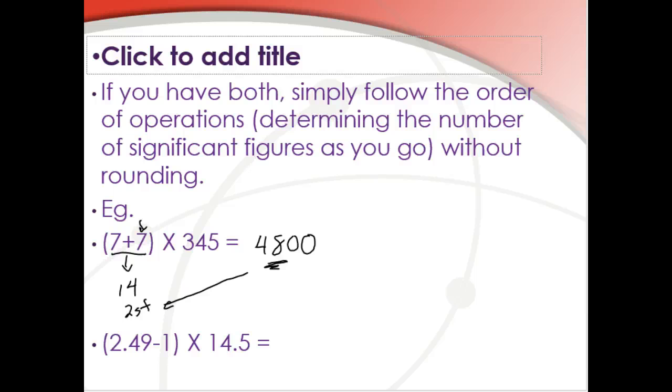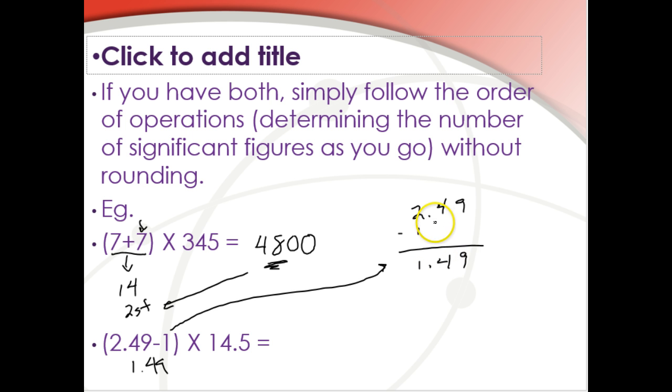The next problem highlights what students feel is the weird part of this operation. Of course, when I do 2.49 minus 1, I get 1.49. If we were just to extract this little subtraction and move it way over here, I get 2.49 minus 1, which is 1.49.